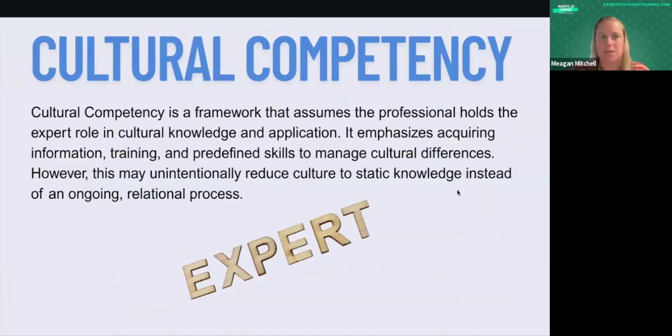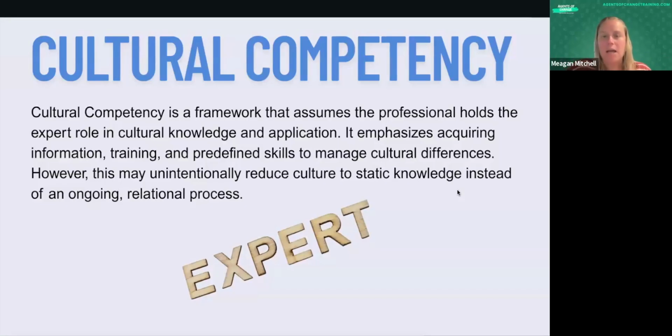So what is cultural competency? This is a framework that the profession really works from. And I am going to say here that I think it's a little bit of an outdated framework. It's where we take a training, usually it's a one-time, once a year, once every 3 years training, where we learn different assumptions about cultures.